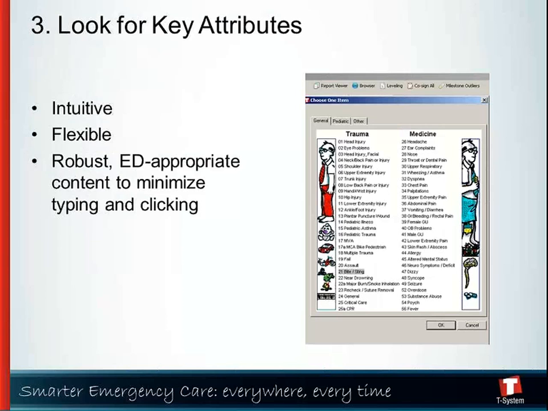So once you've looked at your issues and prioritized which ones are most important for you to address, you can start lining that up with the products that you're looking at. So you want to look for some key attributes. Is the product intuitive? Now, when you go into somebody's kitchen, you figure that the cooking utensils are near the stove, the glasses are near the sink, and if everybody's kitchen is set up that way, you can easily find things.